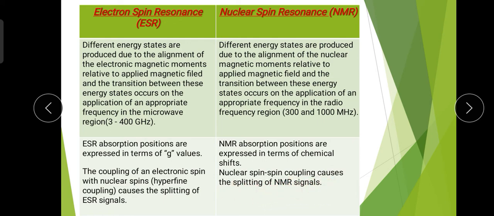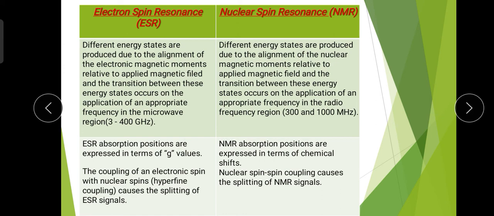In NMR there is a coupling between two nuclear spins, that is, spin coupling, and due to that we get the splitting in the NMR signals. But in ESR there is a coupling between the electron spin and the nuclear spin, that is, hyperfine coupling. So this is the main difference between ESR and NMR for the splitting of the signals.